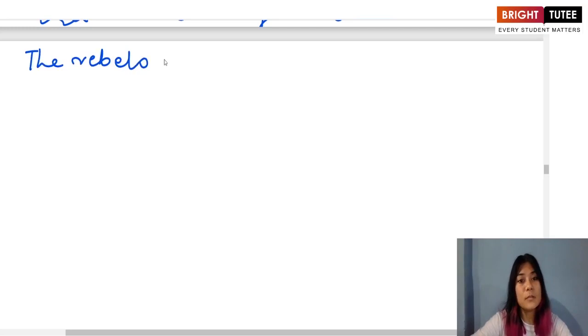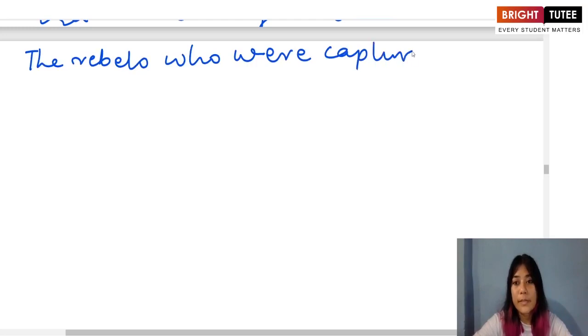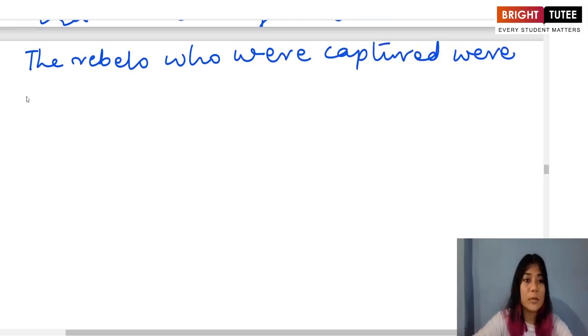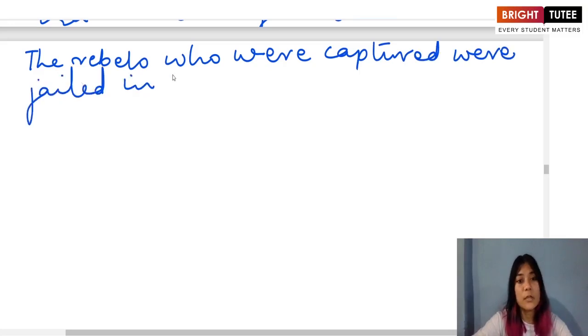The rebels who were captured were jailed in the Andamans.